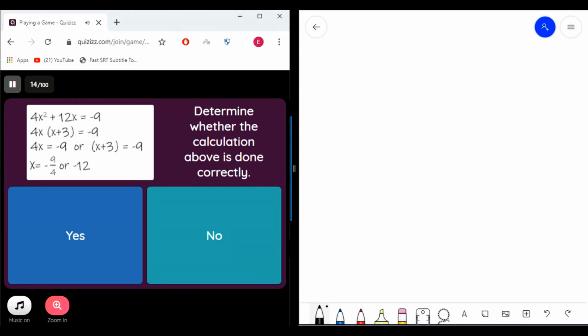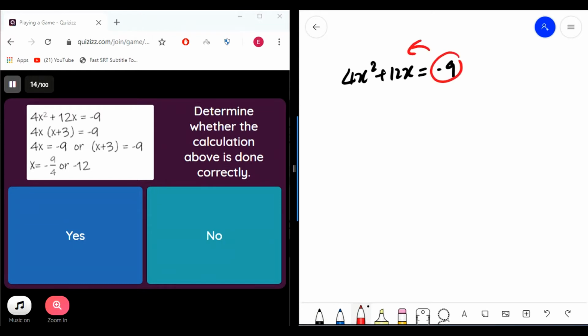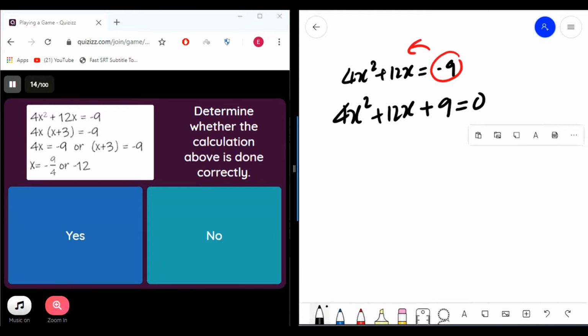Alright, the correct way to do this question is, we have 4x squared plus 12x equals -9. We will move this -9 to the left hand side. So 4x squared plus 12x plus 9 equals 0. Then we can do it by factorization. 2x times 2x is 4x squared.